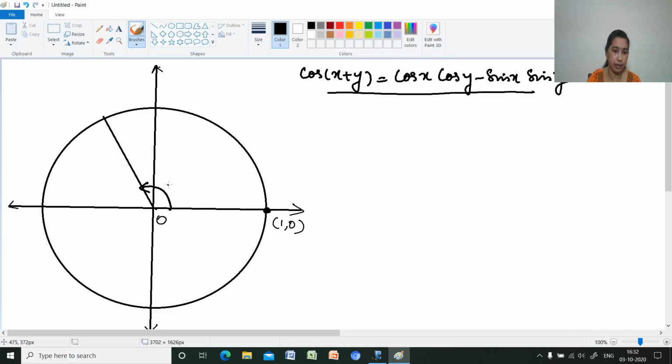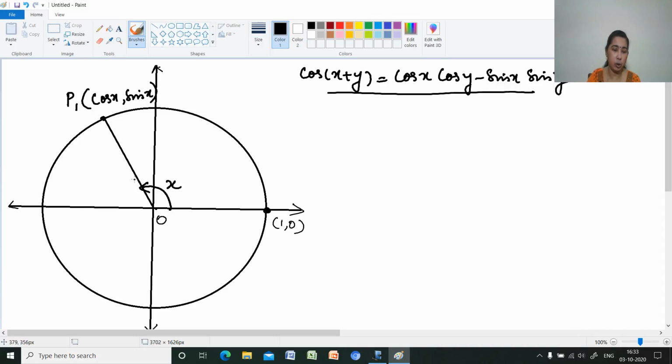And since this angle is x, I can write this as P1 of cos x comma sin x. Since it is on the circle, we are writing in the polar form. Polar form means first one always in terms of cos and second one in terms of sin. Since the angle taken is x, you can write here cos x comma sin x.